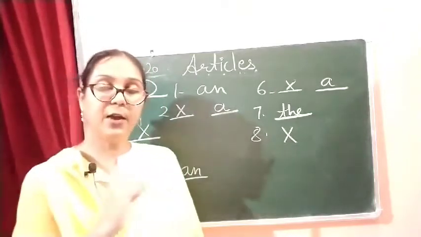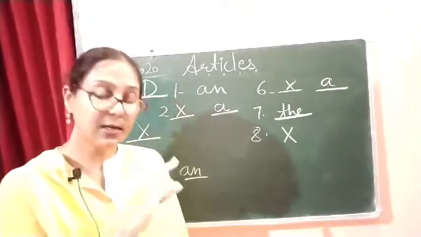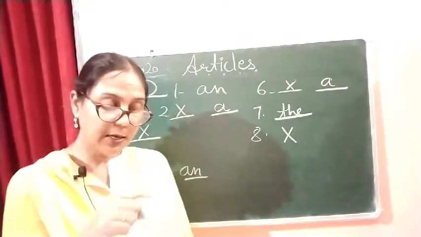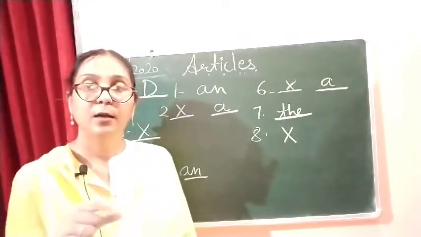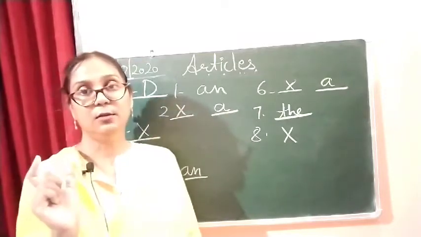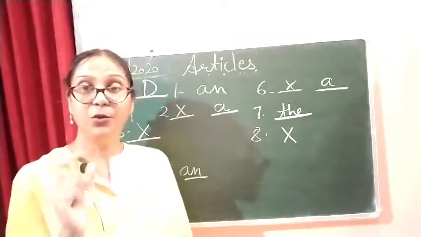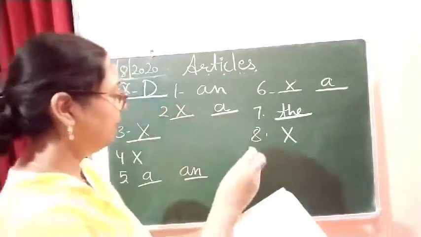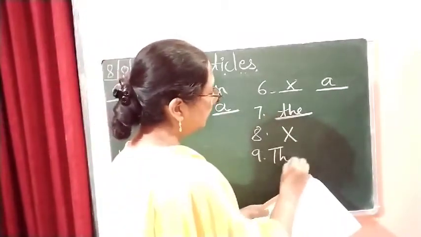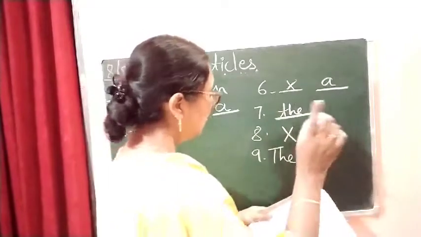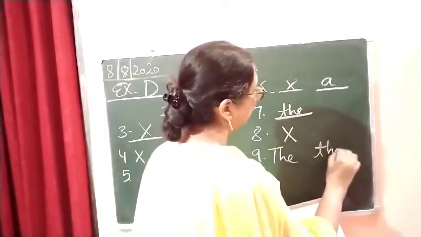That is why we are going to use over here the sun in dash east. As we have learned yesterday, before any direction we have to use the. So in 9 we are going to write the sun rises in the east.